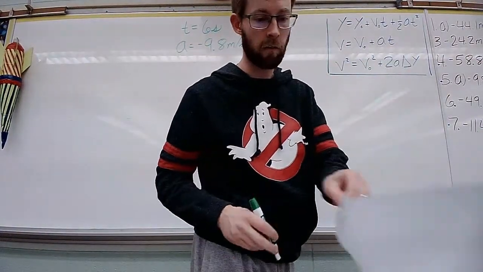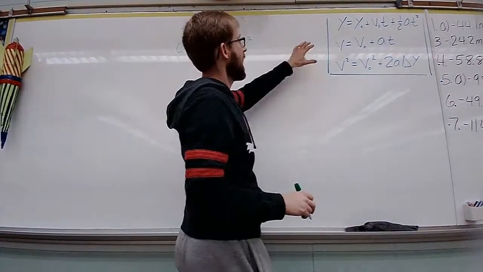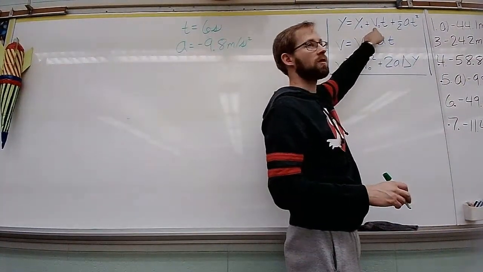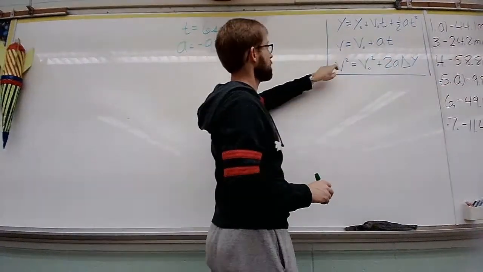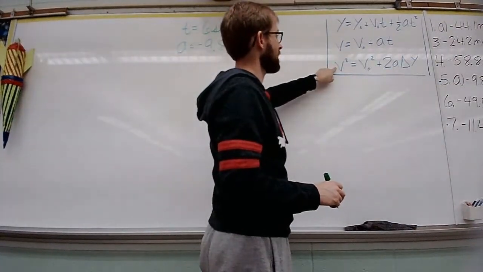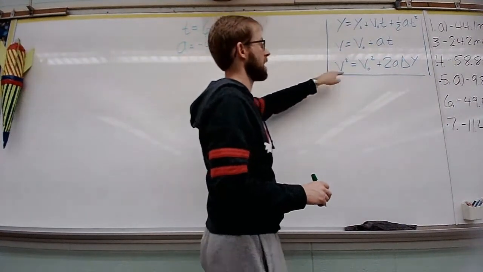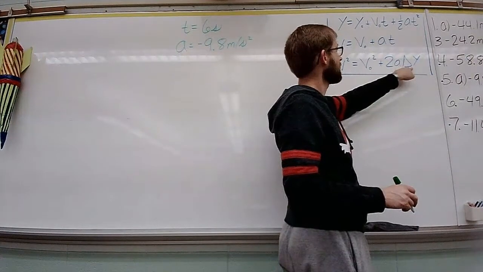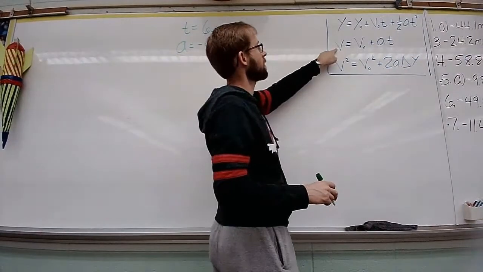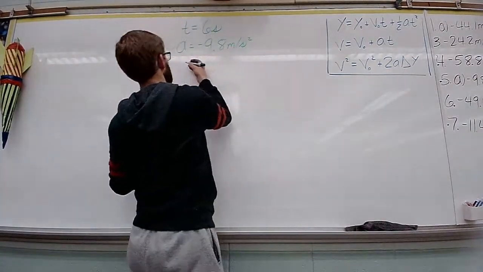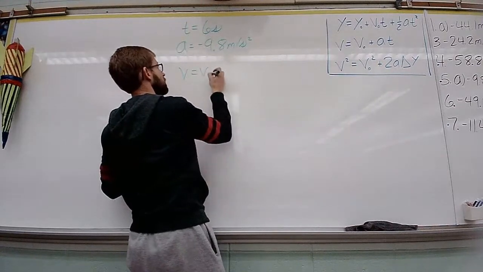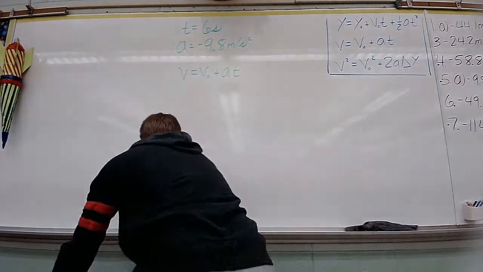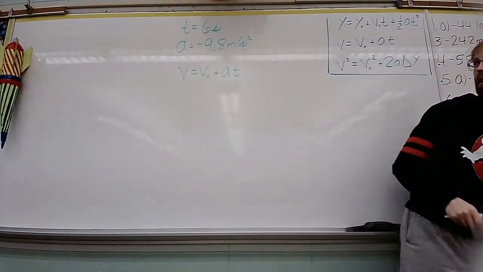So if we're looking for that velocity, I'm going to look not at this equation because this was an original velocity. If I look at this equation, it solves for velocity, but I don't know what my change in height is, so this doesn't work either. So I'm going to use this one. And now it's just a matter of putting the numbers in there.